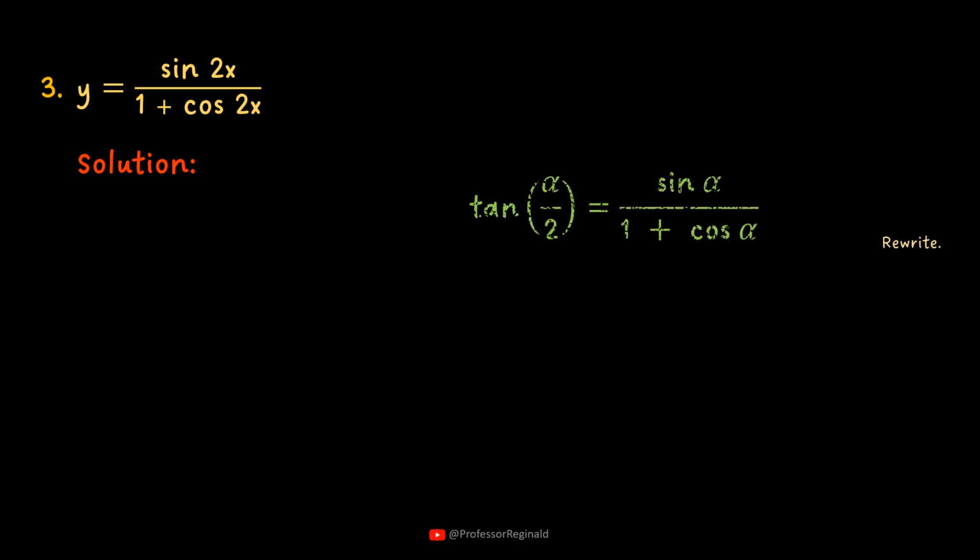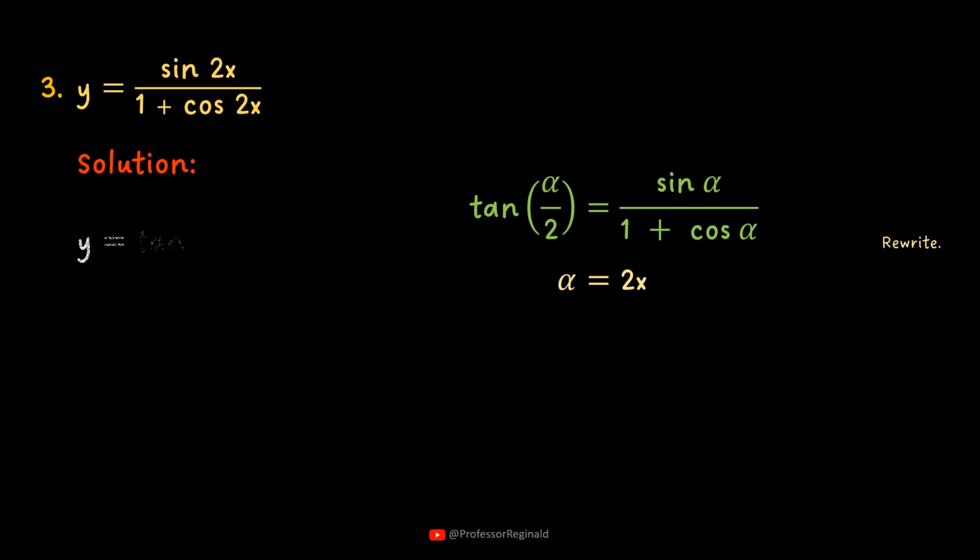Number 3. Y equals the sine of 2x all over 1 plus the cosine of 2x. Solution. To simplify the differentiation process, rewrite y using a half-angle identity, where alpha equals 2x.